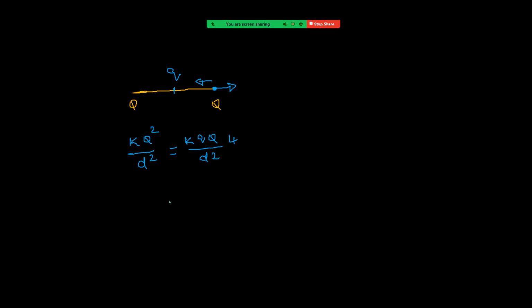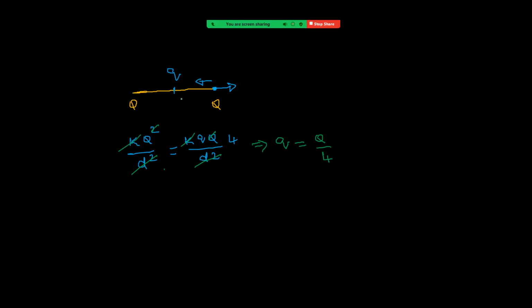Right? K cancels. Q square, 1 Q. From this, small q is equal to capital Q by 4. So we got the magnitude of the charge, not the sign.